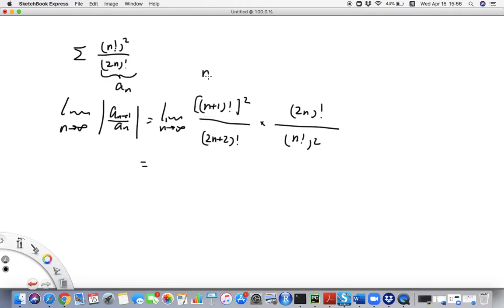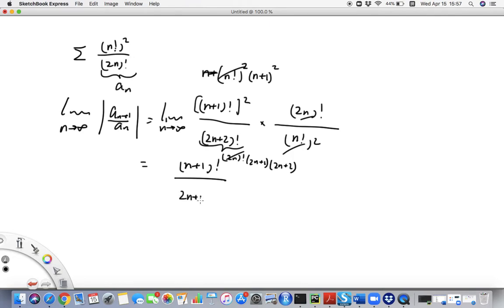For this, you can write it as (n factorial) squared times (n plus 1) squared, so cancel with that. You have (n plus 1) squared on the numerator, and this is (2n) factorial times (2n plus 1) times (2n plus 2), so cancel with that. So you have (n plus 1) squared over (2n plus 1)(2n plus 2).